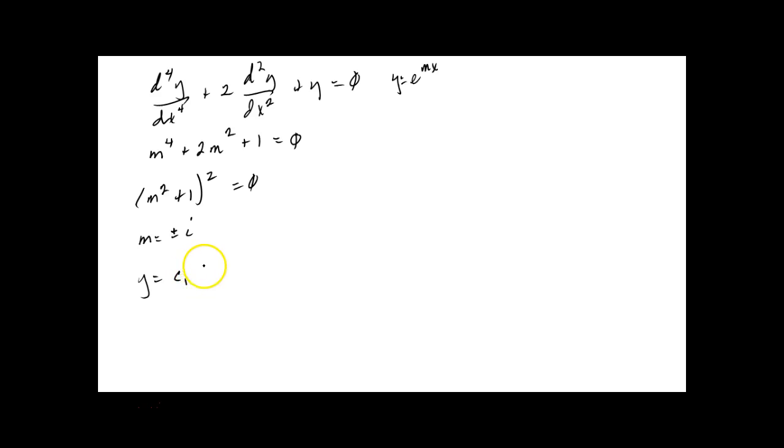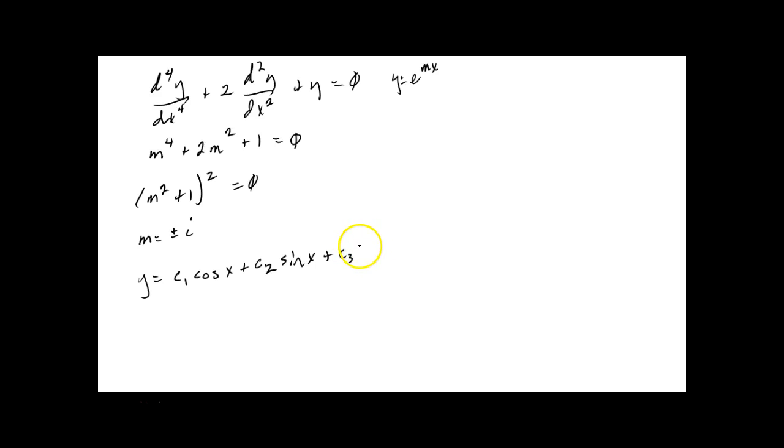What happens when... Yes, that would be cosine. You don't put the i in if you're using the cosine. C1 cosine x, okay, plus C2 sine x plus, gotta have a C3.